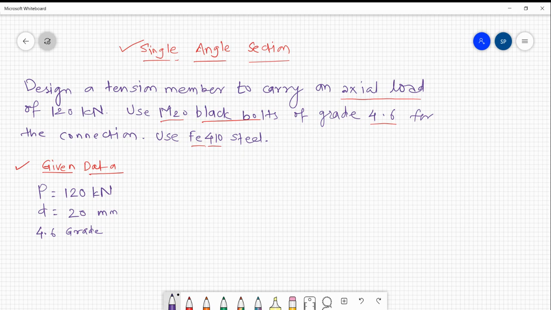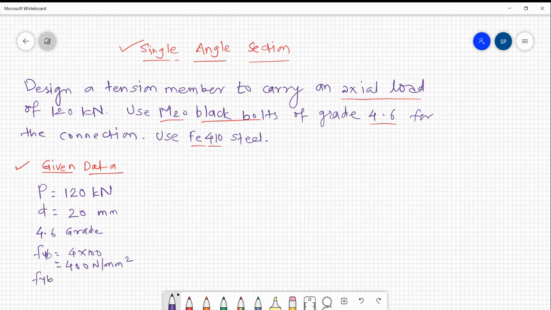Now from this 4.6 grade, you can find out the value of FU. So FU will be equal to 4 into 100, that is 400 Newton per mm square. And this FU is related to bolt, that's why we'll denote it by FUB.